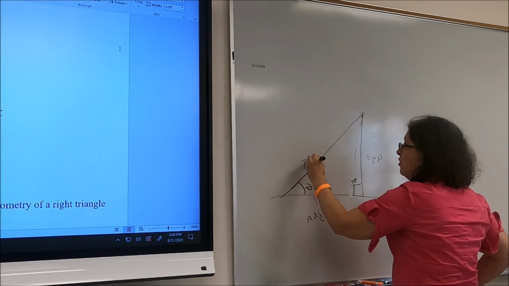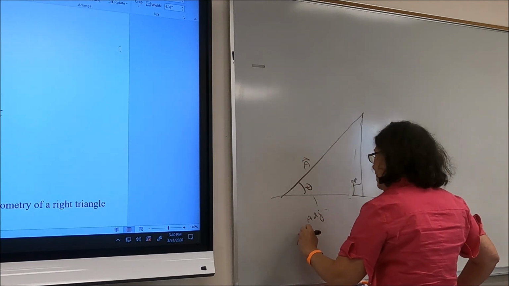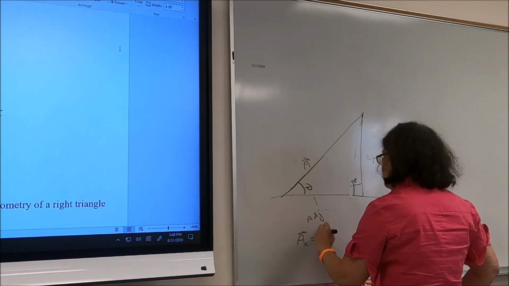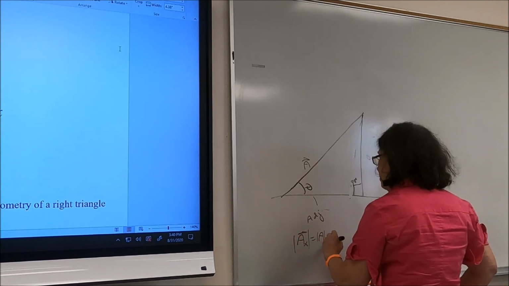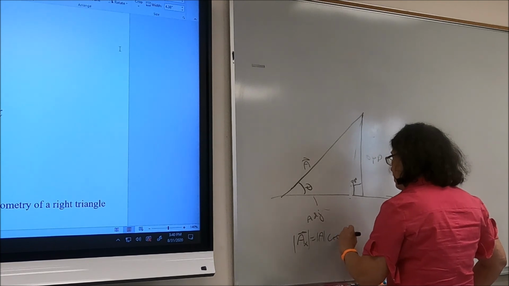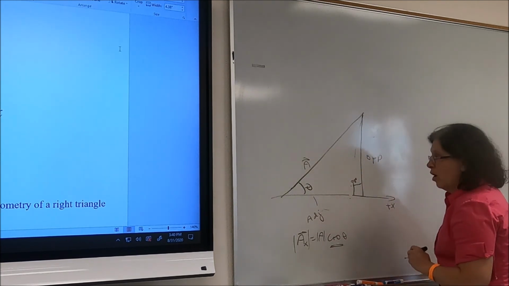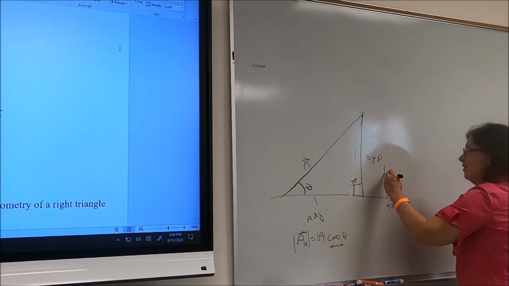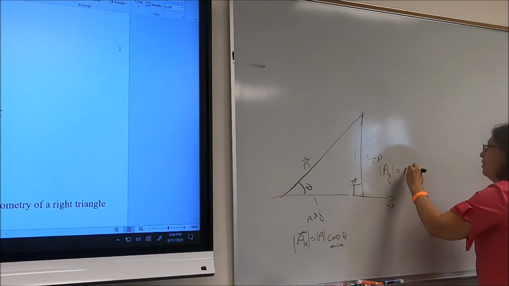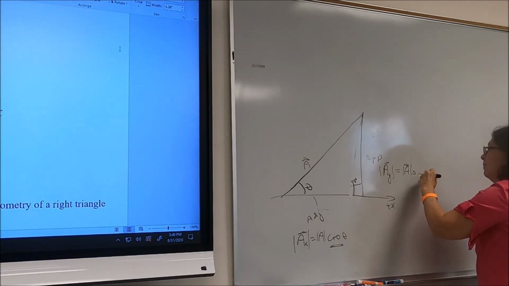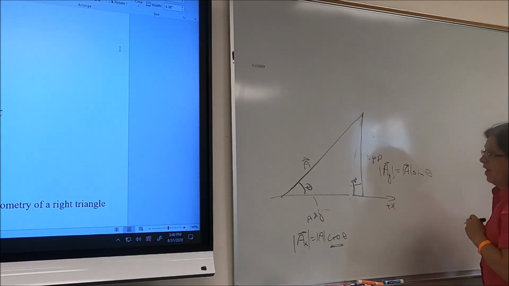If this was a vector A, the magnitude of AX would be the magnitude of A cosine of the angle theta. So the adjacent goes with cosine. Opposite, the magnitude of AY is equal to the magnitude of A times the sine of the angle theta.